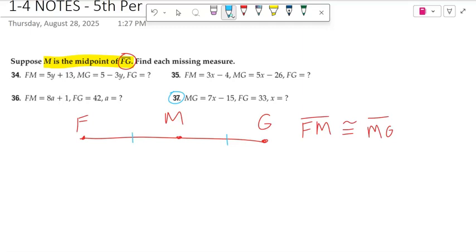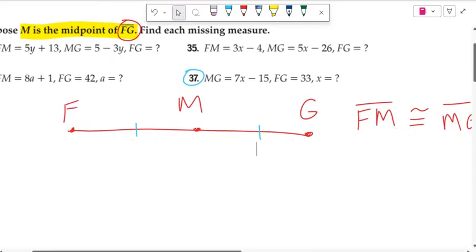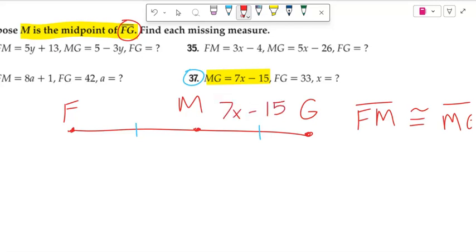Okay? Now, let's fill in what we know. So the problem tells us that MG equals 7x minus 15. And again, it's really important, guys. We've got to read carefully and pay attention to the details, right? So I need to label appropriately. MG is the segment from the midpoint to G. Remember how we make markings for the whole segment?